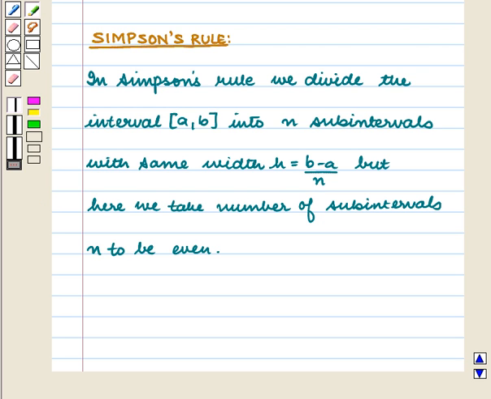In Simpson's rule, we divide the interval from a to b into n subintervals with the same width h equal to b minus a by n, but here we take the number of subintervals n to be even.